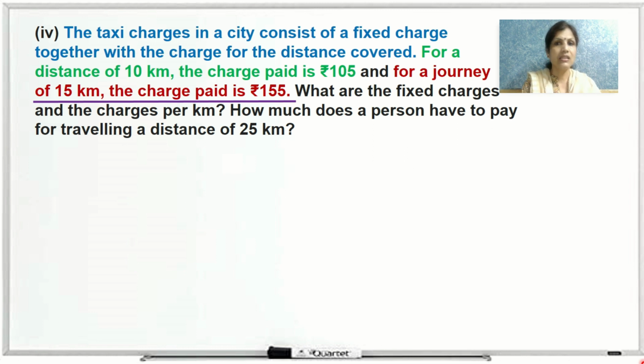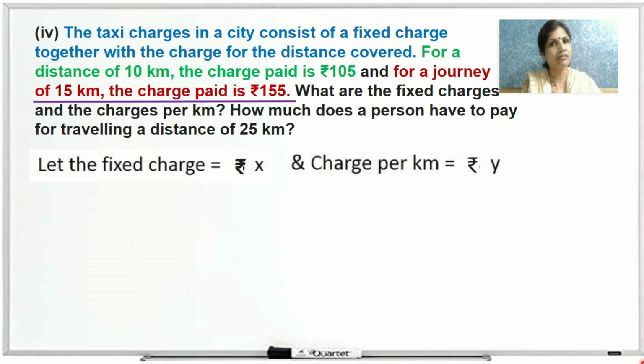So in our sum, what will we consider? We'll consider the fixed charge as x, and the charge per kilometer after that fixed distance, we consider as y.